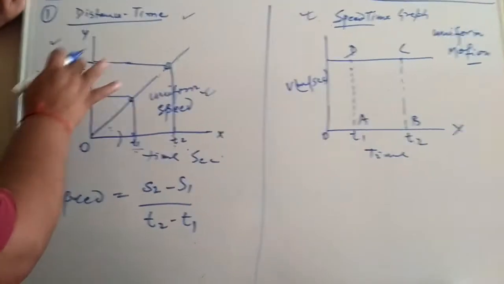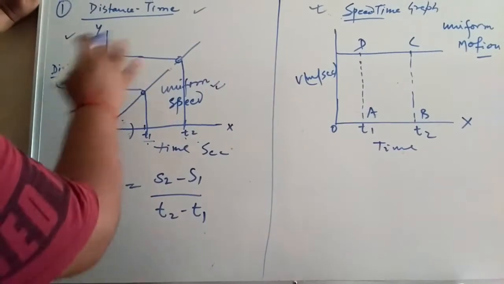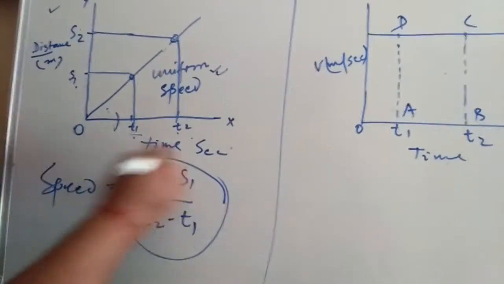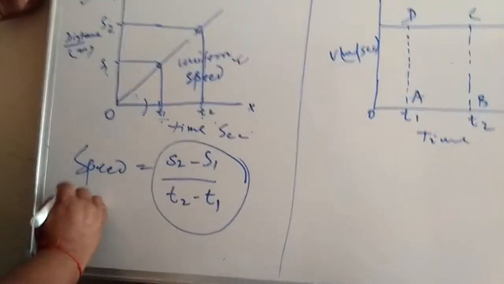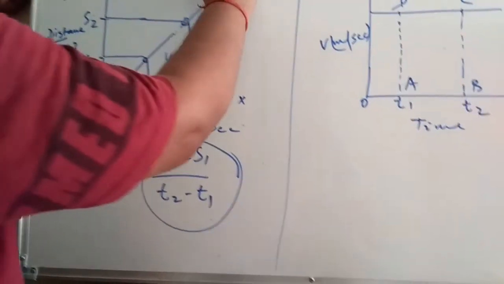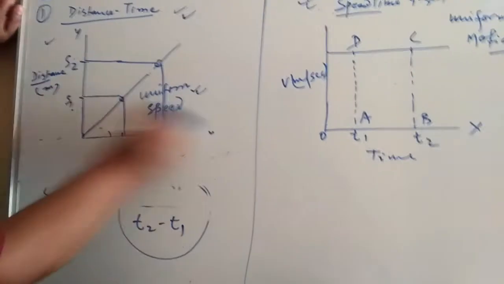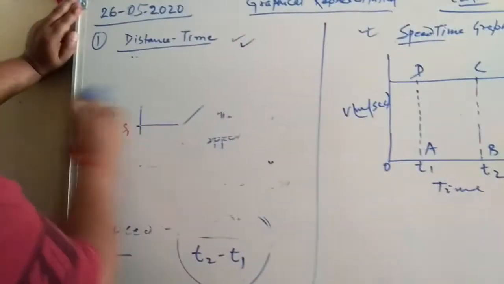Some data is given in the questions, and with the help of that data we put it in this formula, and we can easily calculate the speed with the help of the distance-time graph. But this graph represents uniform speed.